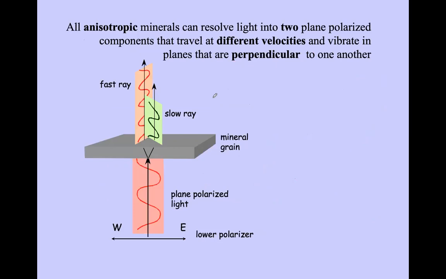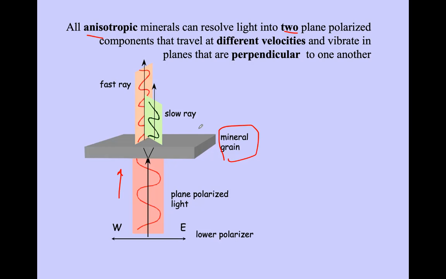So now we know anisotropic minerals can resolve light into two plane polarized components, and they travel differently. The light passes through the first polarizer as plane polarized light, and then it enters the mineral grain, that means the sample, and it will reorient the light.